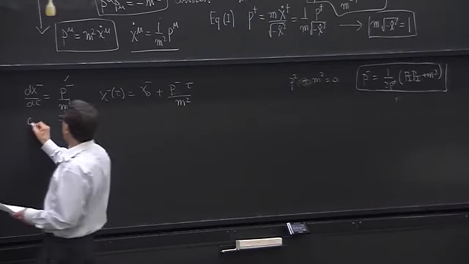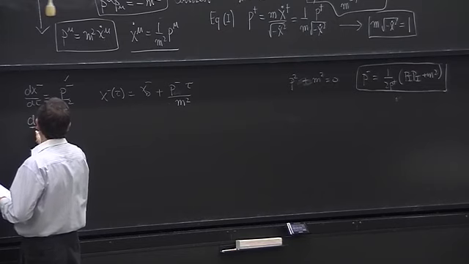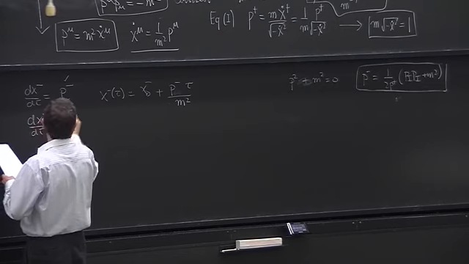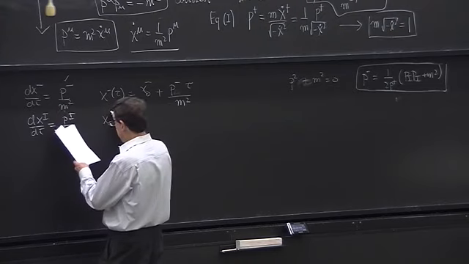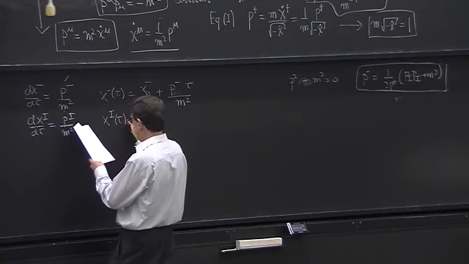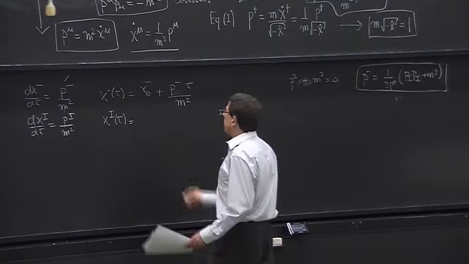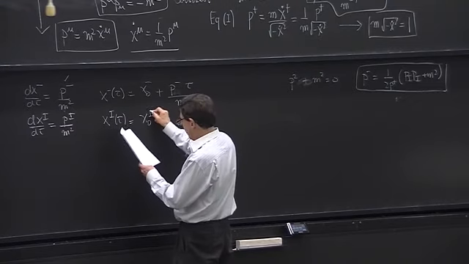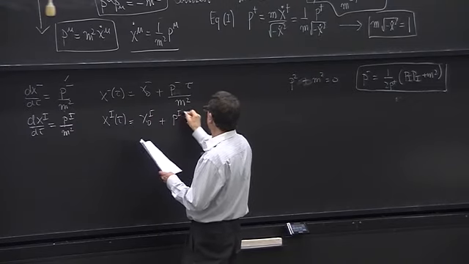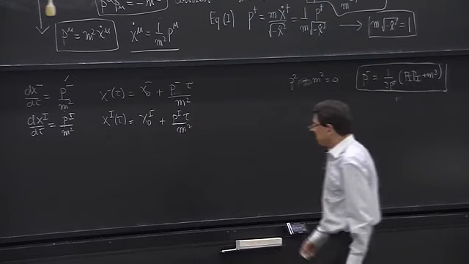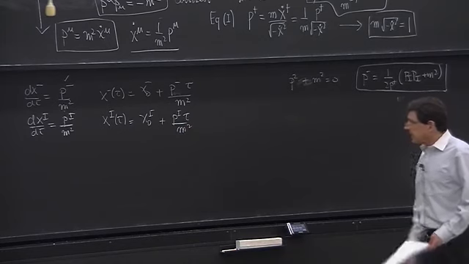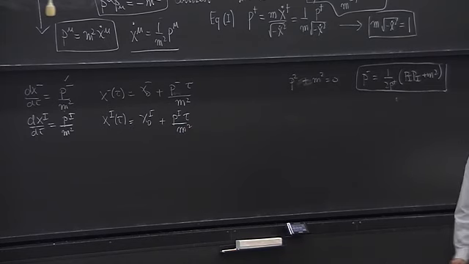For x i, you would have dx i d tau equal p i over m squared. So x i of tau would be x0 i plus p i tau over m squared. And that's it. You've solved everything.